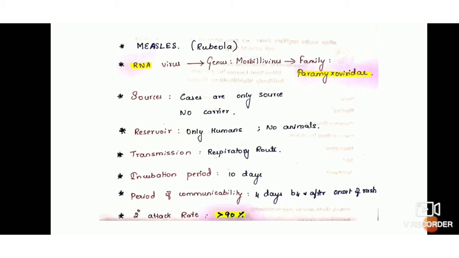This is a previous year question, so we should keep this in mind. The secondary attack rate is more than 90%, and thus it has a high communicability rate.